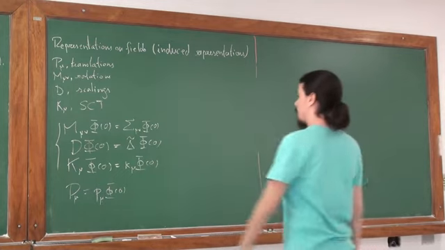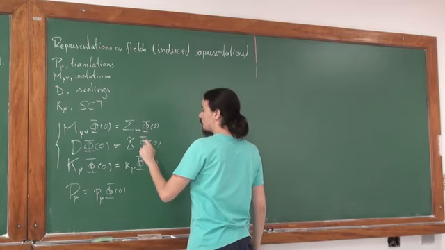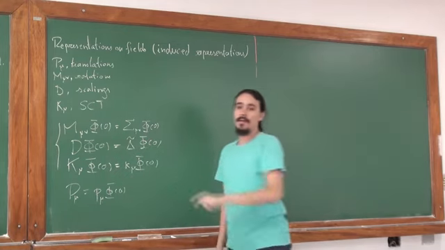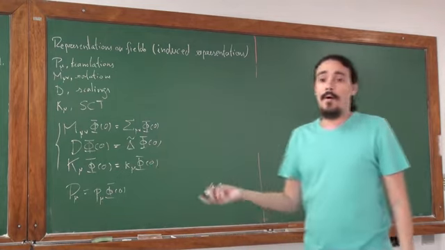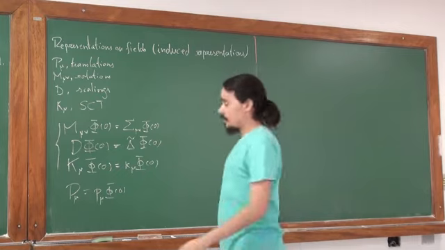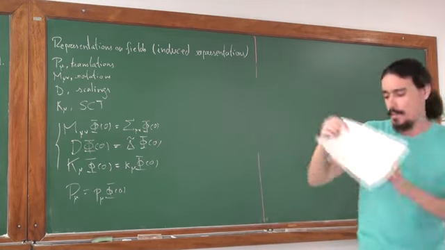And again, we have to find sigma mu, delta tilde, and kappa mu. And if they are indeed representations, they must obey the conformal algebra. Okay? So don't get anything wrong here.